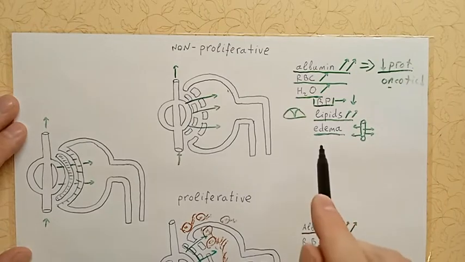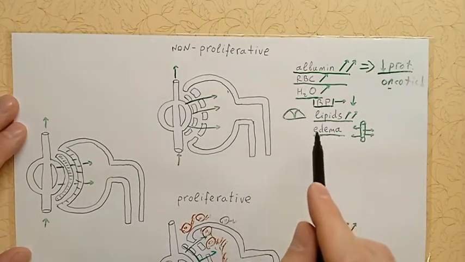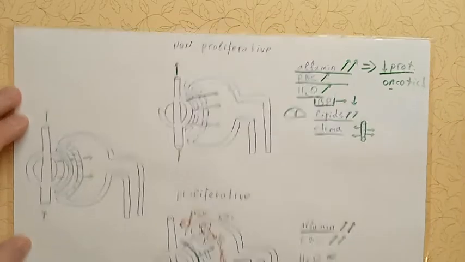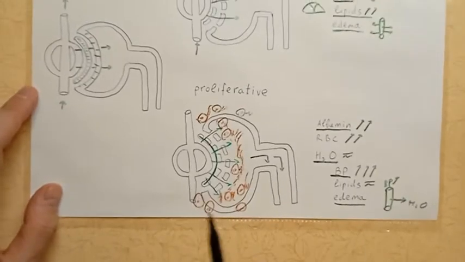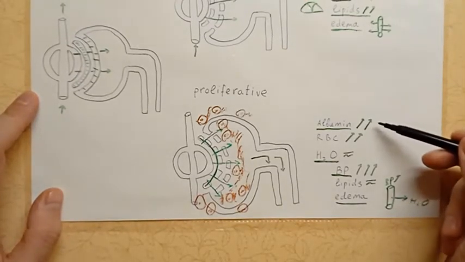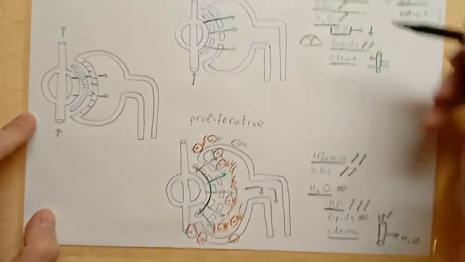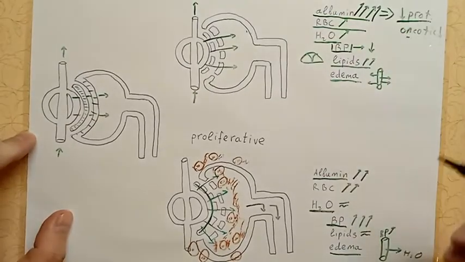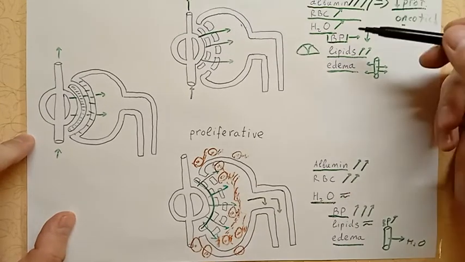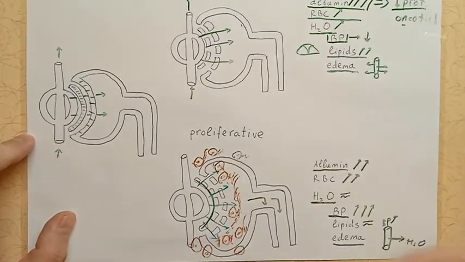They will have severe proteinuria and severe edema due to loss of oncotic pressure. But in proliferative glomerulonephritis, patients will suffer from severe arterial hypertension and edema caused by this pressure. Proteinuria will not be so severe. But hematuria, red blood cells in the urine, will still be present in both cases.